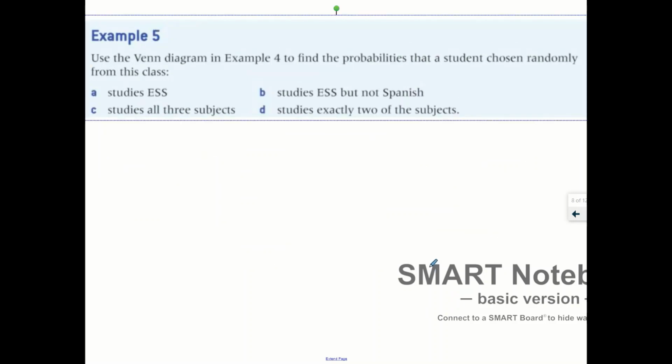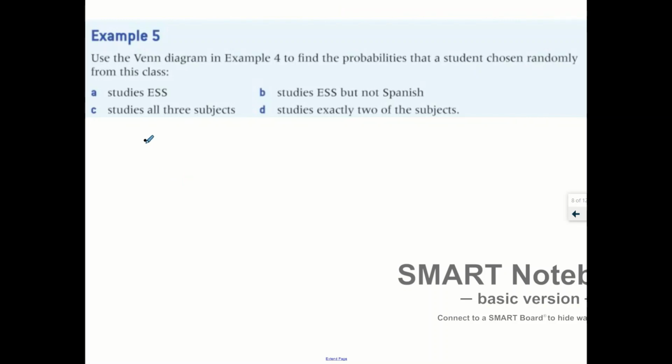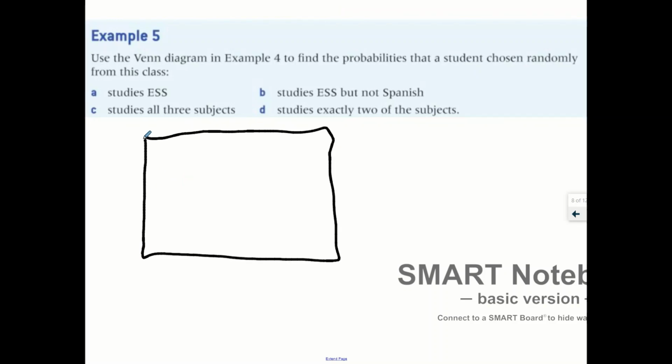So, using that Venn diagram, we need to find the probabilities that a student chosen at random from this class is one of these. So I'm going to draw a neater version of the Venn diagram.